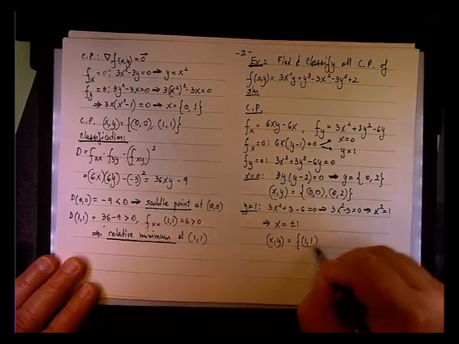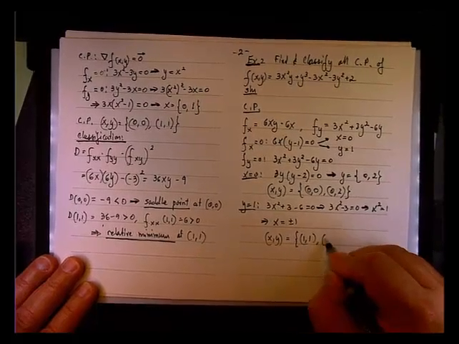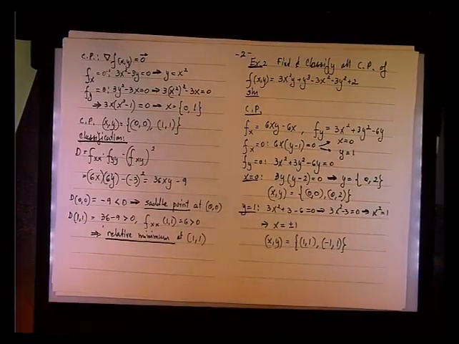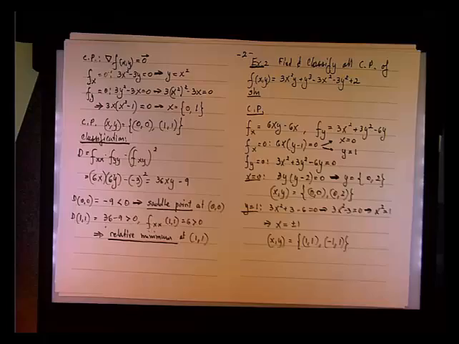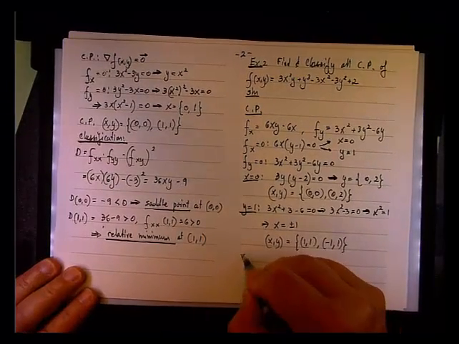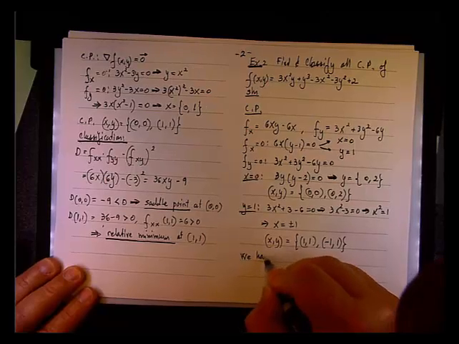So here we have two points: x equals 1, y equals 1, and the other is x equals negative 1 and y equals 1. So we end up having 4 critical points.